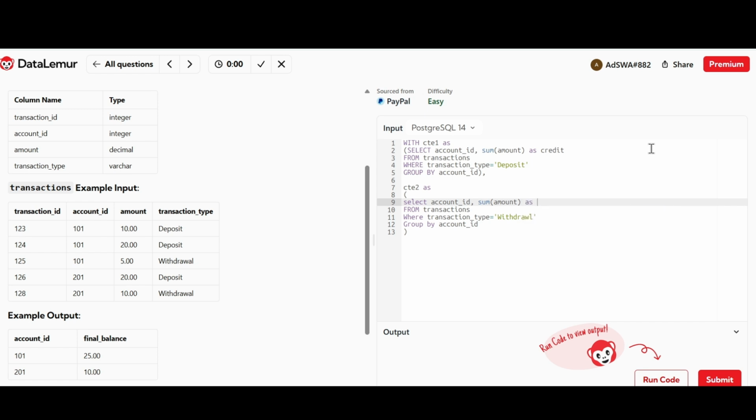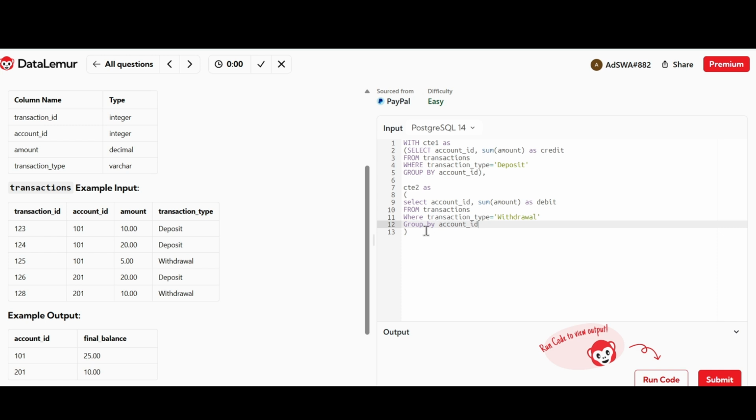Now we will name this debit because it is removed from the account. We have to make this spelling right, withdrawal. Okay, now we are good to go.